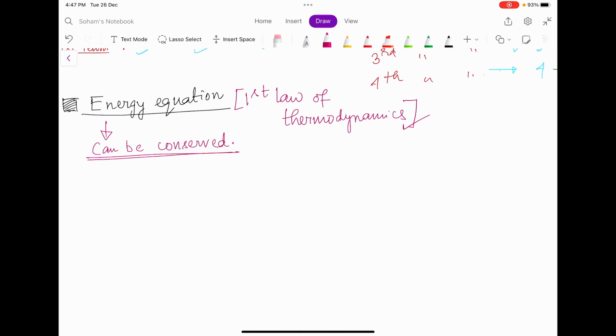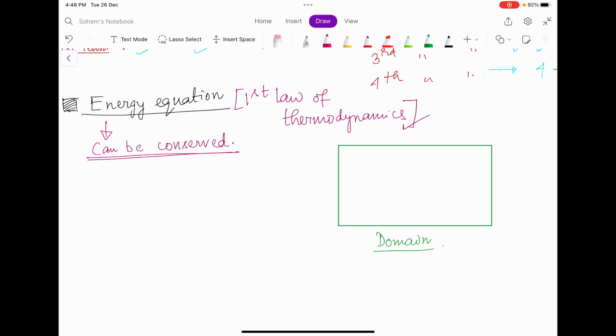And if anything can be conserved, the main problem is that we are defining a domain, and in this domain we have to derive some governing equation that is valid at each and every point of this domain.